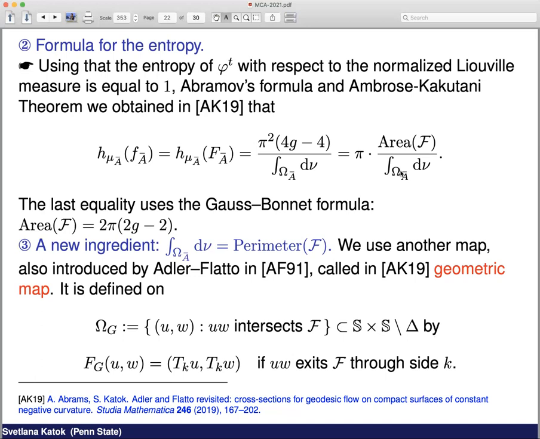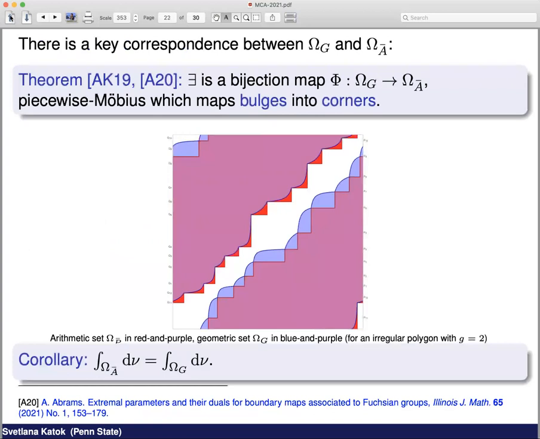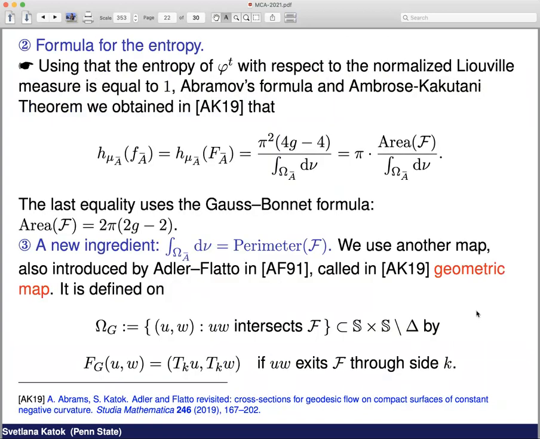And now we have to explain how the perimeter comes into this game. The numerator is the area of F, by the Gauss-Bonnet formula, so that's not a problem. The problem is the denominator. This follows from the following consideration.